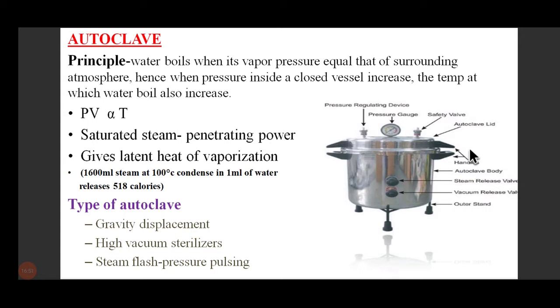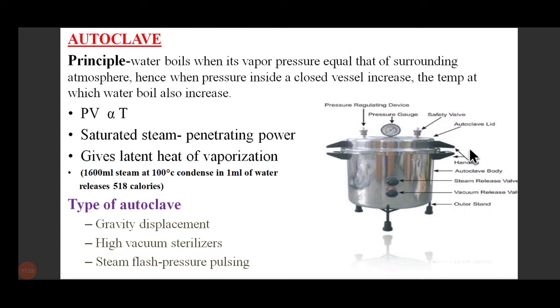So what is the working principle of an autoclave? Whenever you want to understand it, you just have to imagine a pressure cooker. It works on the same principle. Water boils when its vapor pressure is equivalent to the surrounding pressure, so when you close the lid and a particular pressure is attained inside a closed vessel, the temperature at which the water boils will increase.